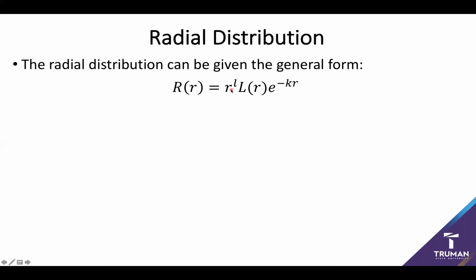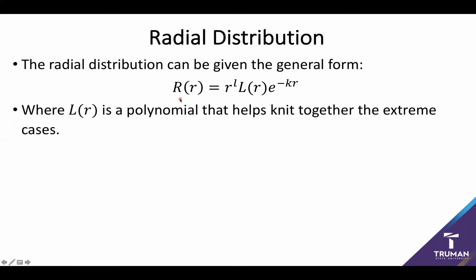However, for large r's, exponentials always win. And no matter what our angular momentum, we're typically going to have an exponential die-off. So these two behaviors make sense. However, in order to get our radial wave function right, we also have to knit these two behaviors together.